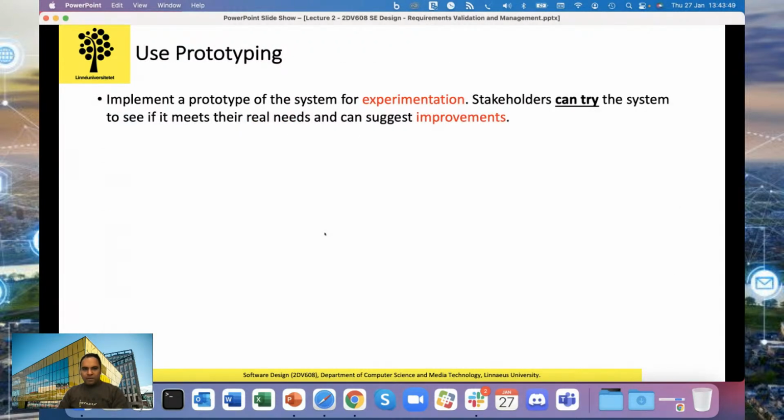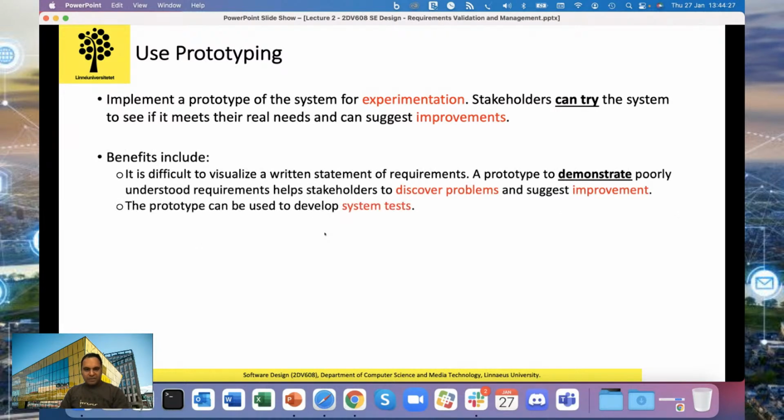We are still talking about requirements validation, and one of the easy and more popular ways of requirements validation is using prototyping. That means you are building a dummy representation of your system and trying to get the stakeholders' impression to find out if there are any missing requirements, or if something should be improved or not.